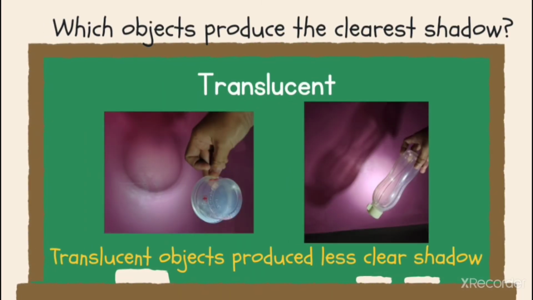How about translucent objects? For example, plastic bottle and plastic container. Look at the shadow formed on the screen. Is it very clear, less clear, or no shadow? Yes, it's less clear. So, translucent objects produce less clear shadow.